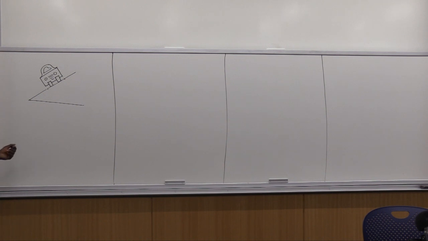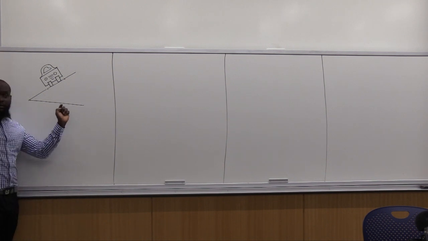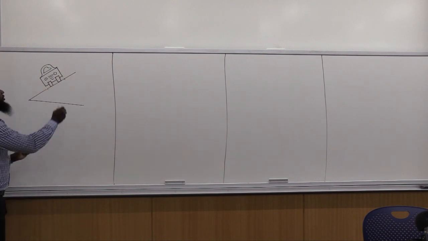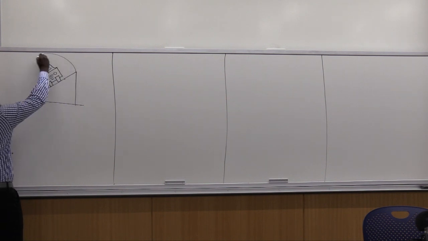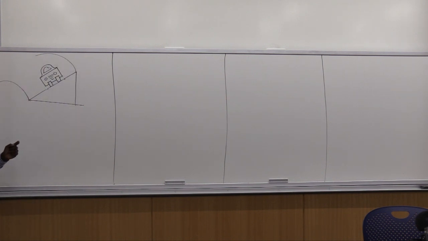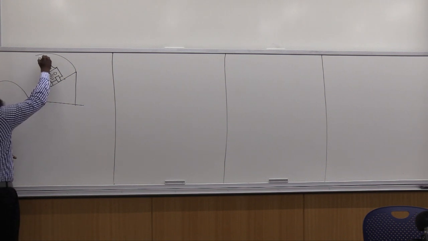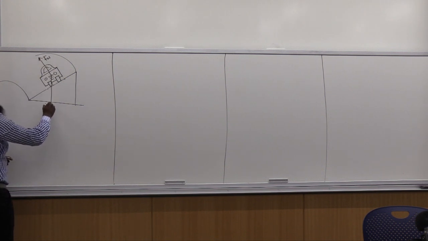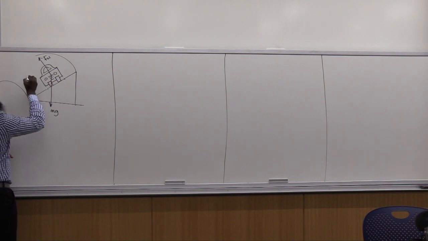So this guy is going around this track. Don't forget, it's not an inclined plane, it's a banked track. So my normal force is like this, my weight is like that, and my centripetal force is going to be in this direction.